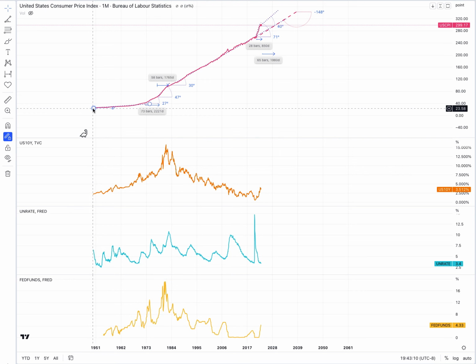Actually, it got recorded much earlier, I believe from the 1870s, but the Bureau of Labor Statistics made this record available to these platforms from the 1950s, though we have a different way of finding it from even before.